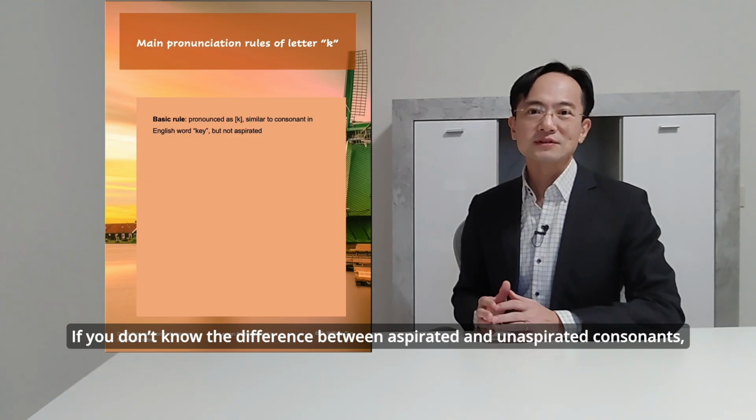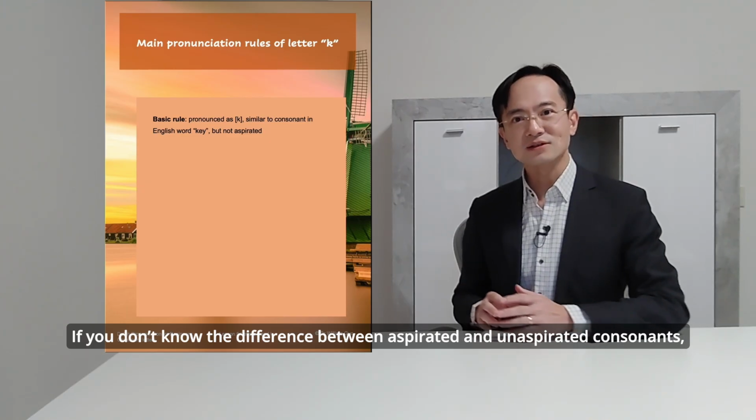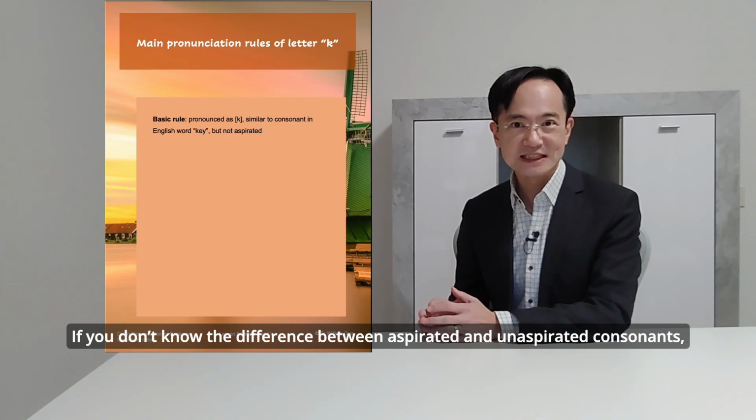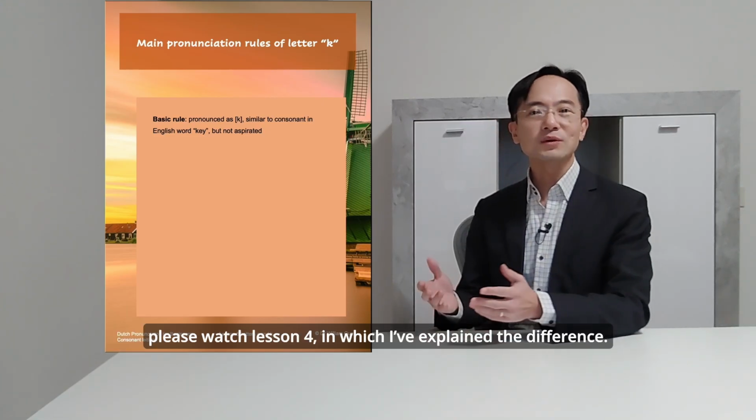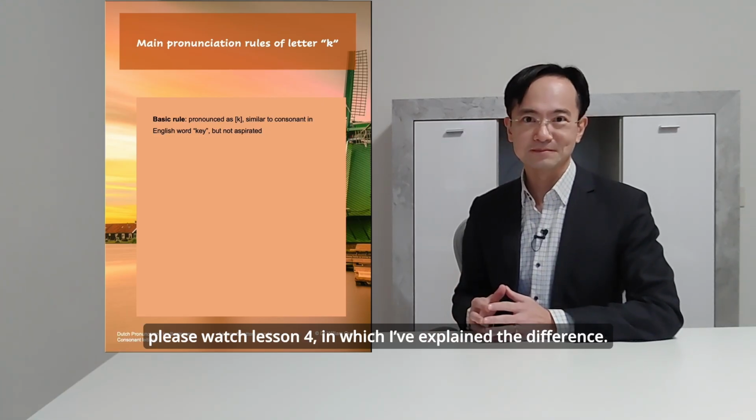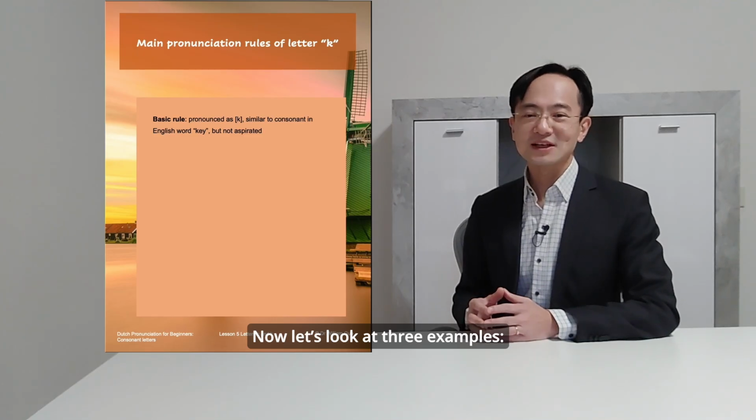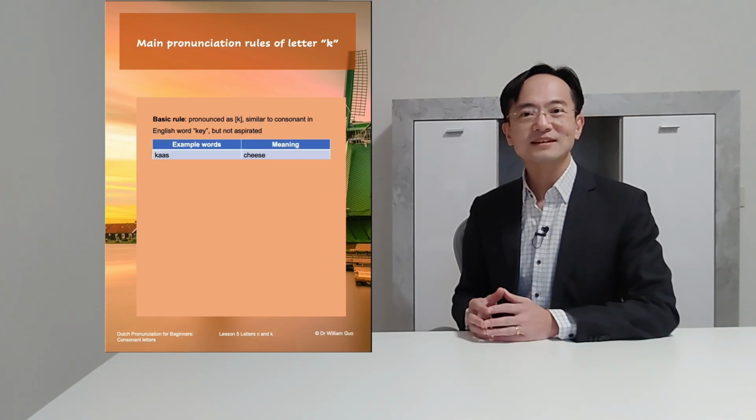If you don't know the difference between aspirated and unaspirated consonants, please watch lesson 4 in which I've explained the difference. Now let's look at 3 examples. Kaas, kat, kop.